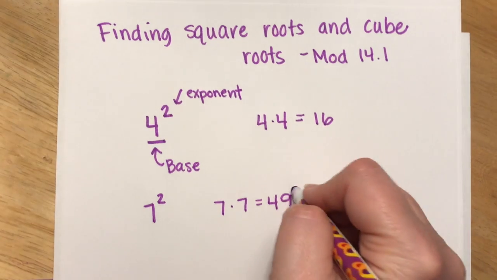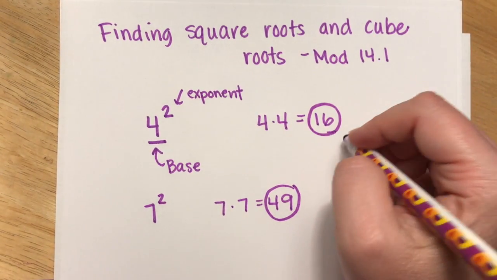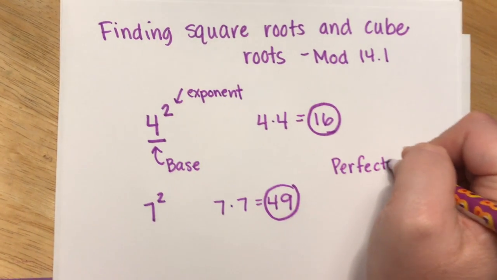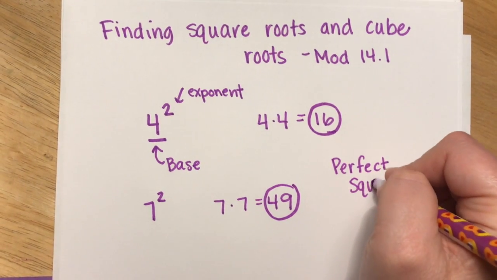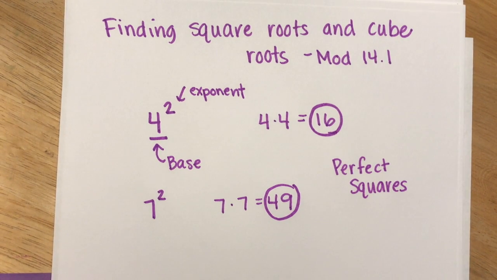And so these two numbers that we just came up with are considered perfect squares. They're square numbers that are perfect, and the reason they're considered perfect squares is you used integers. Remember, integers are positive or negative numbers that don't have fractions, that don't have decimals, that don't have anything else.